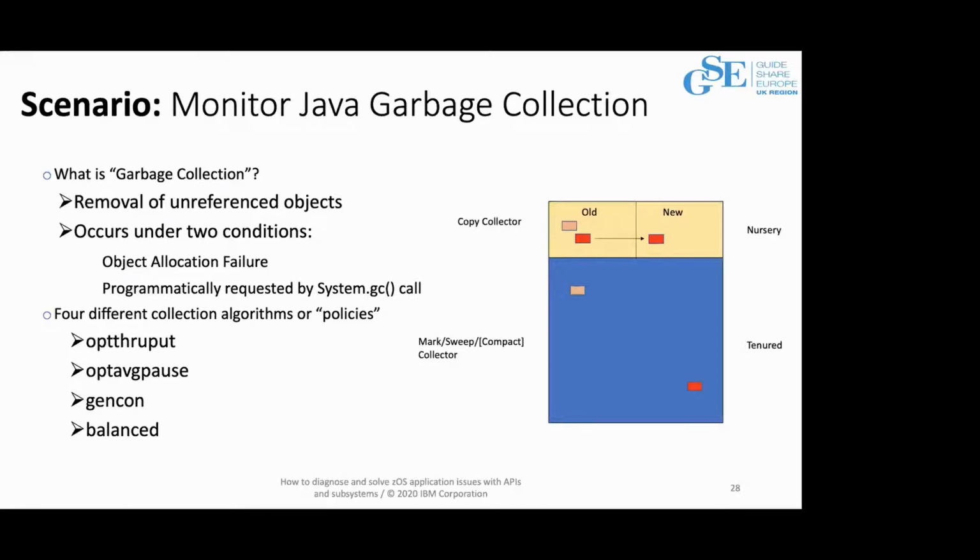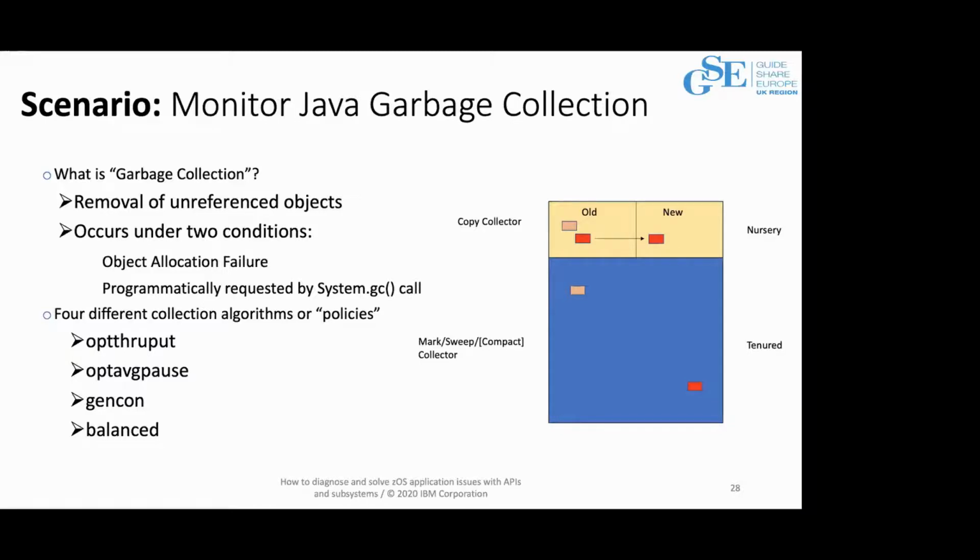As I mentioned earlier, object allocation failures can force a garbage collection because it needs to allocate memory. If there's insufficient memory in the nursery, it will try to force a garbage collection to free up space so you can use that memory for your requests. And as I mentioned, programmatically requesting system GC calls generally doesn't occur nowadays, but some old programs may have system GC, so we need to ensure that those are captured as well.